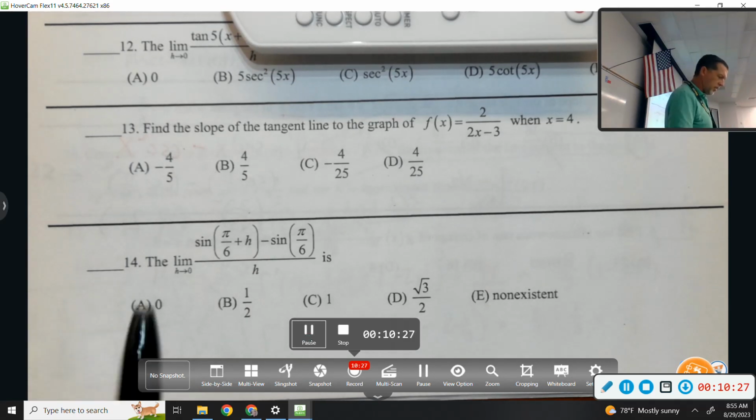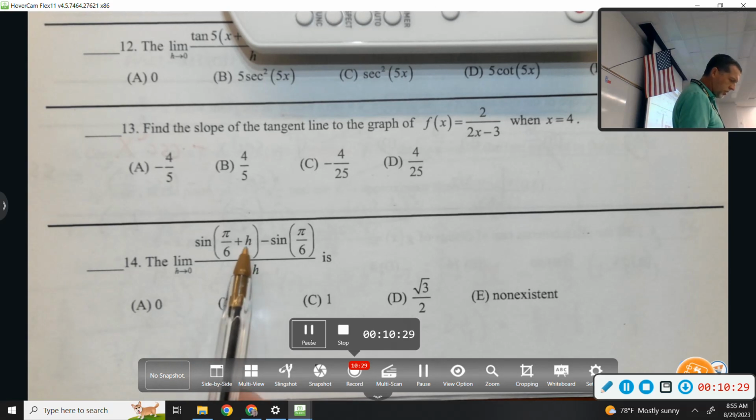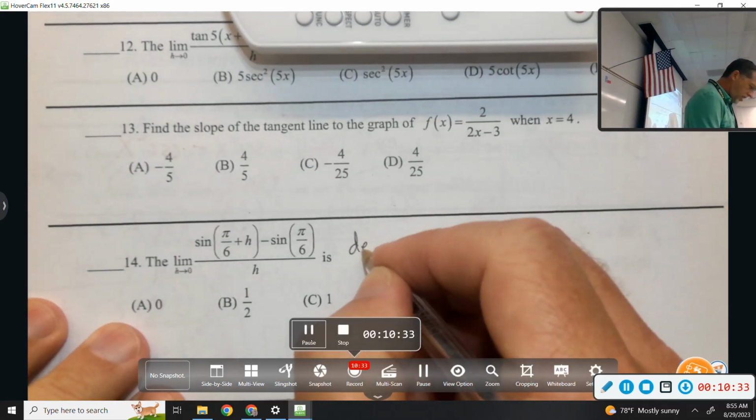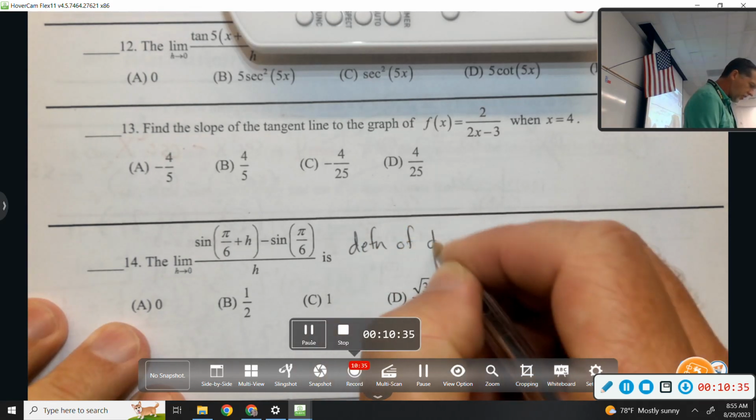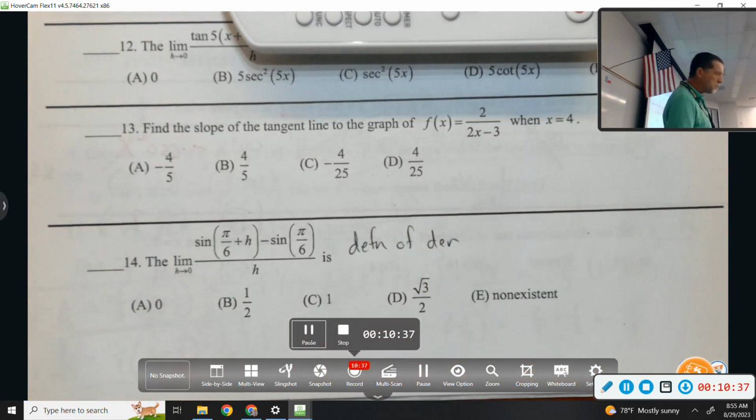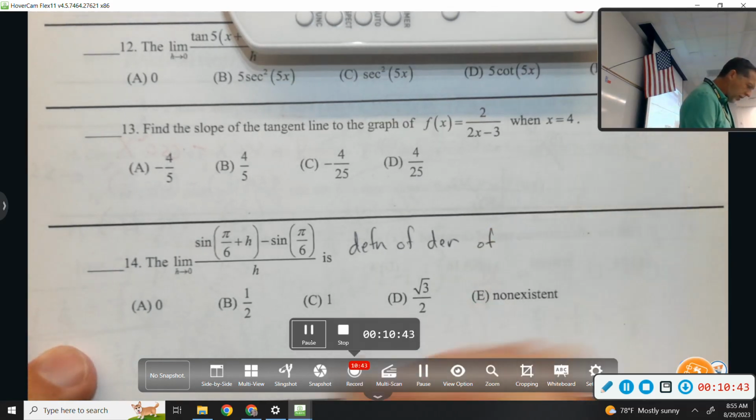I mean, it's a limit. H goes to 0. There's some H's in there. I think that looks like the definition of a derivative. But a derivative of what, I guess, is the question.